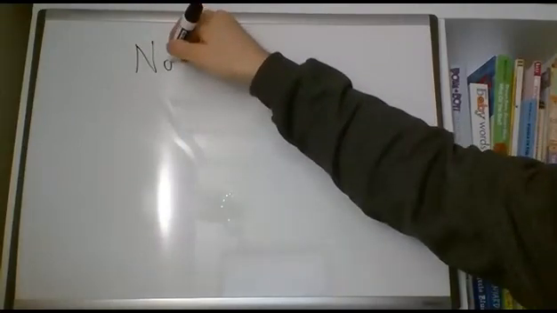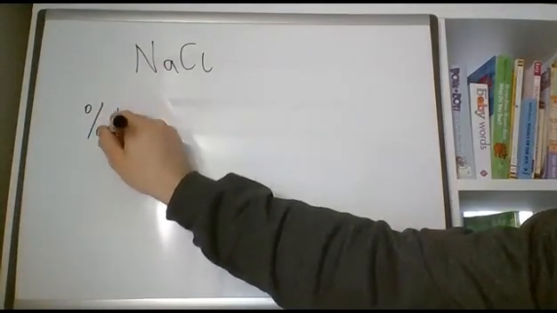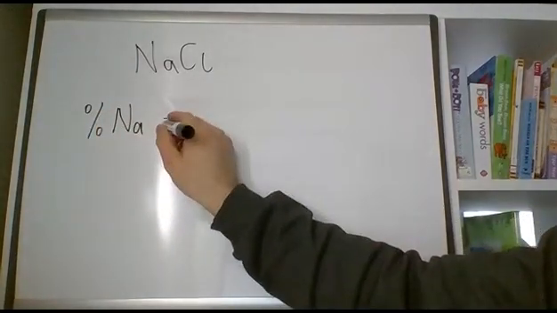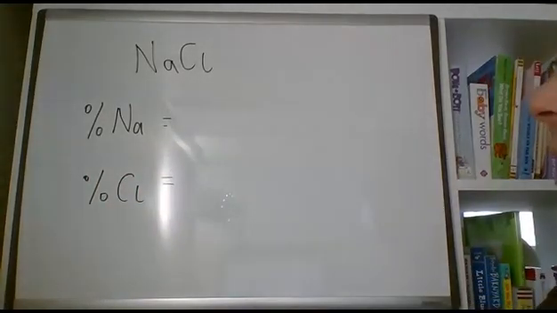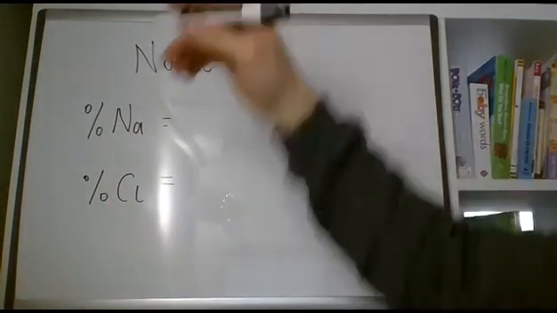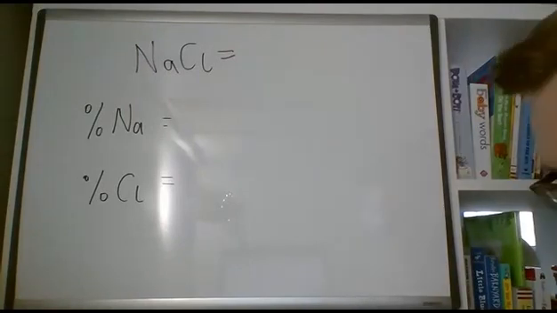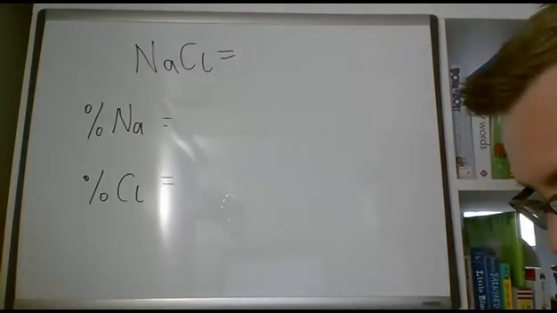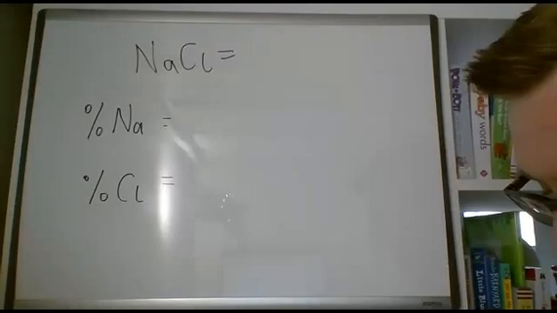So we've got sodium chloride. We want percent sodium. We want percent chlorine or chloride. Okay, so we first get the weight of the whole thing. So we look at our periodic table. Sodium has a mass of 14.01. Chlorine has a mass of 35.45.